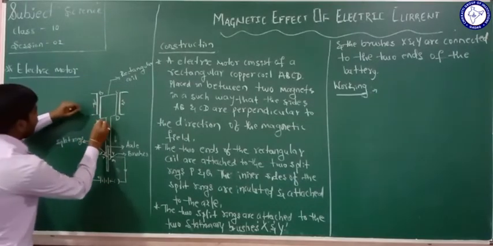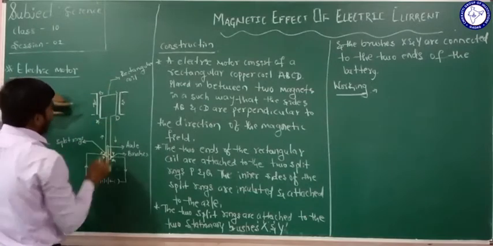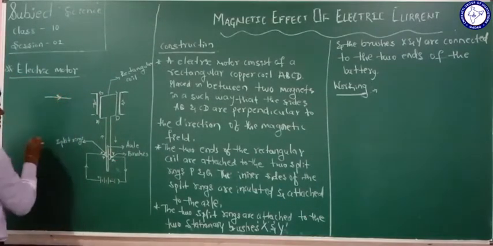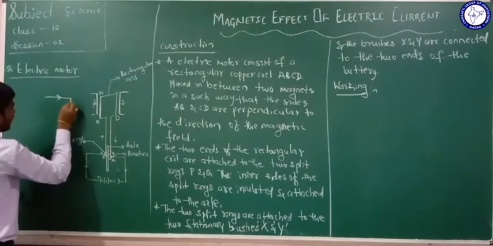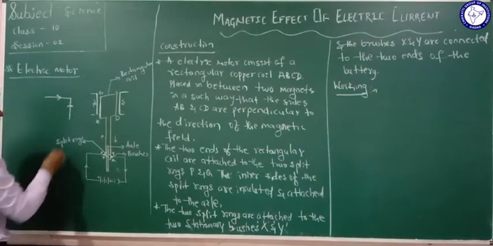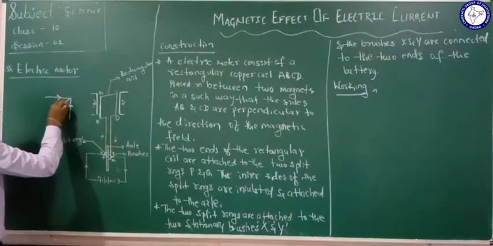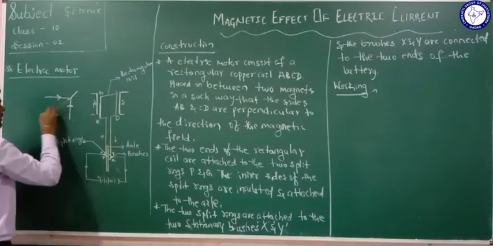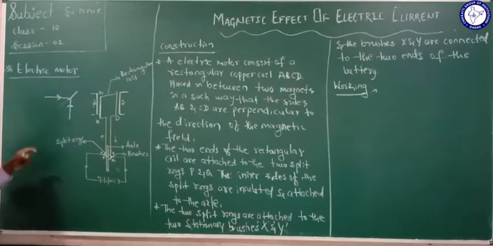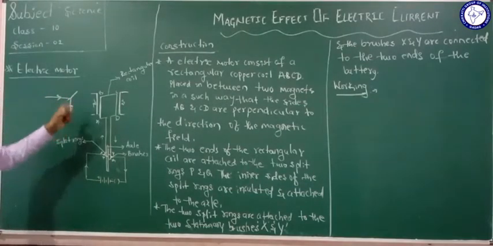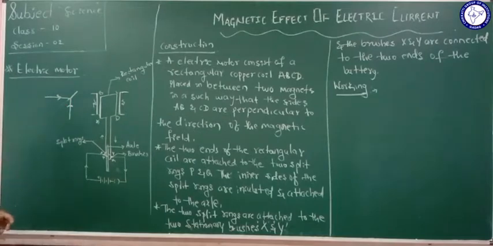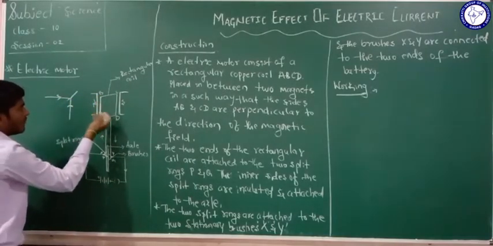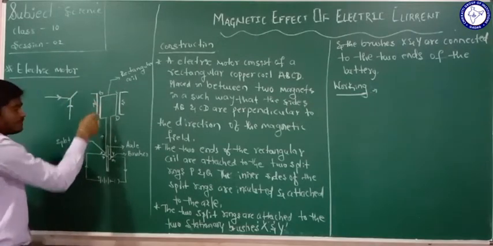So here electric current is in this direction and the magnetic field is in this direction. See here, the magnetic field is in this direction, and the electric current is in this direction. And what happens here, according to Fleming's left hand rule, when the magnetic field is perpendicular to the direction of the electric current, this side of the coil will be pushed down due to the magnetic field.